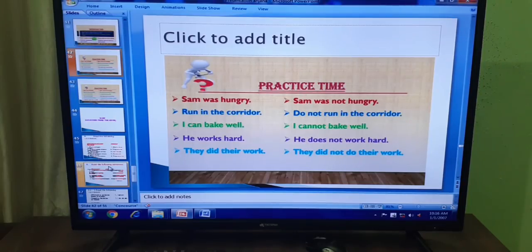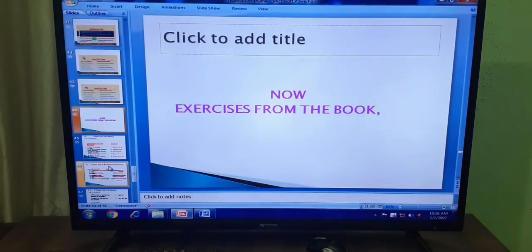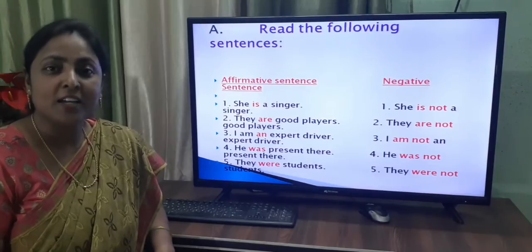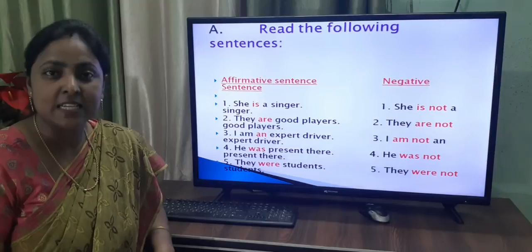Change it to the negative sentence, they did not do their work. The next example I have written for you, Simran goes for a walk. Change it into the negative sentence, Simran does not go for a walk. Hope you understood the topic. In the next video, we shall see the exercises given in the book.